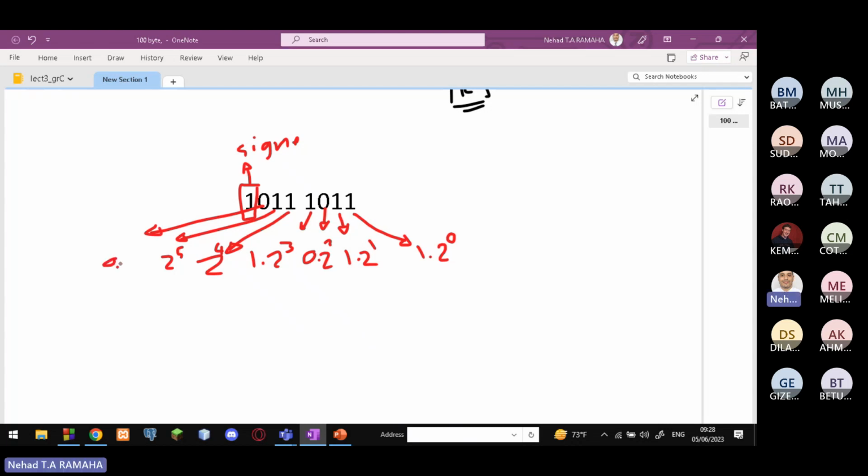And 0 multiplied by 2 power 6. And this one, the sign, it's 1 multiplied by minus 2 power 7.